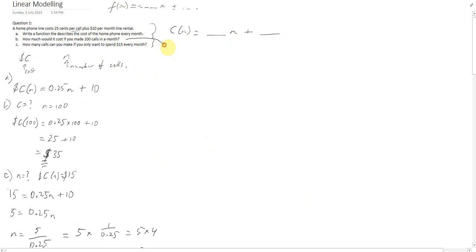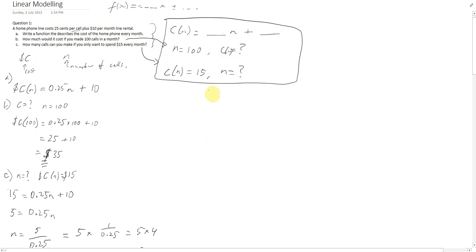Similarly, for part B, you needed to be able to say n is 100, C is question mark, and you had to find out C of n. And part C, you had to do the opposite. You had to know that C of n is 15 and n is question mark.